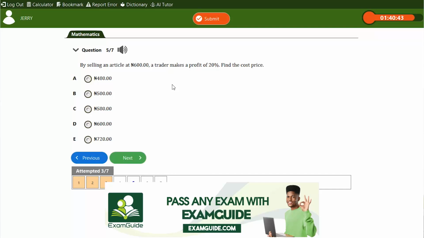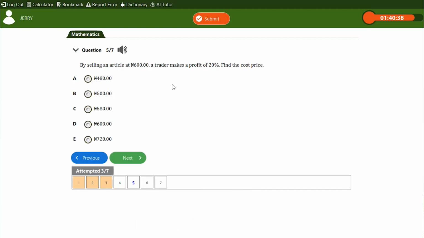And let's look at this. By selling an article at 600 naira, a trader makes a profit of 20%. So they're asking us to find the cost price. So they have given us the percentage profit that the person made.